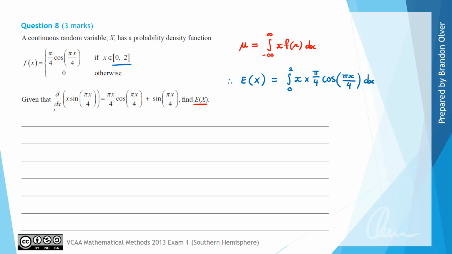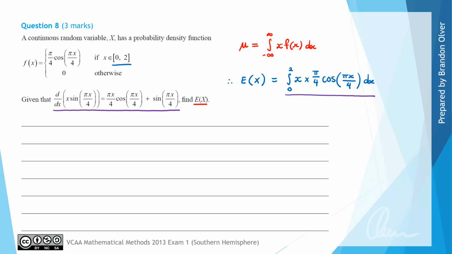The reason we've been given all of this information is that we don't have a rule on our formula sheet that allows us to integrate x times cos of x directly. So we're going to need to make use of this information and undertake a process known as integration by recognition to answer this question.